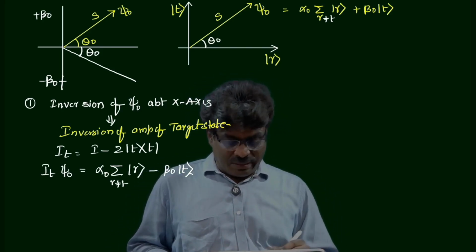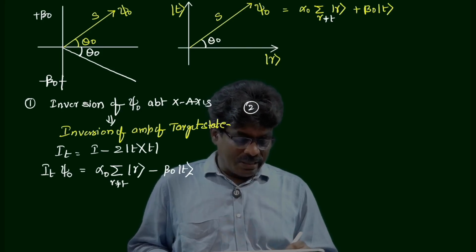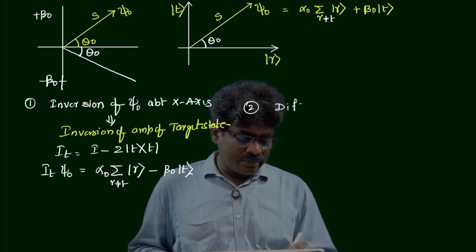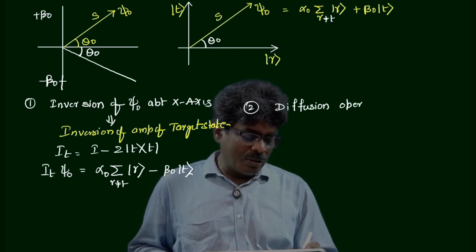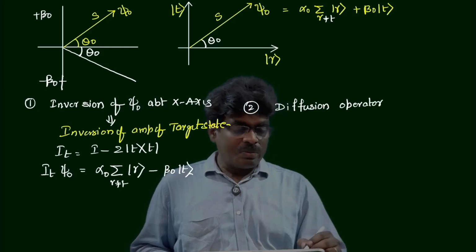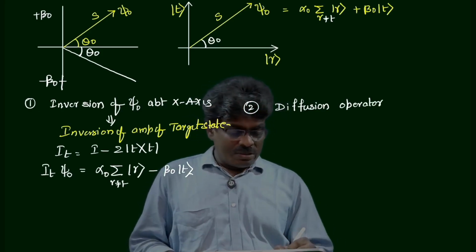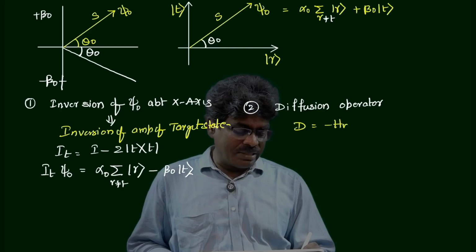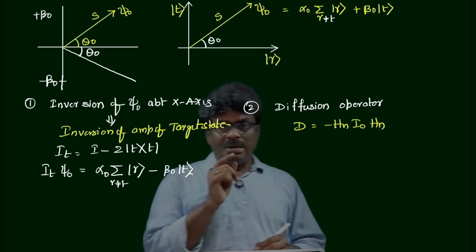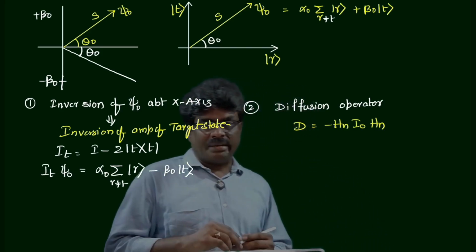The next one is the most important, the diffusion operator. What is this diffusion operator? Here we have D equal to minus H^n I_0 H^n. What is this minus? Let me explain.